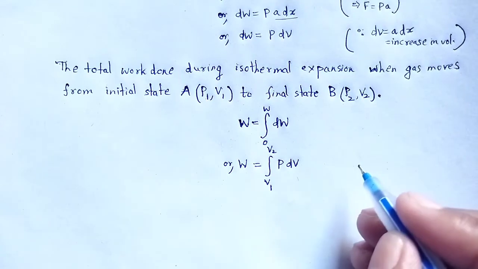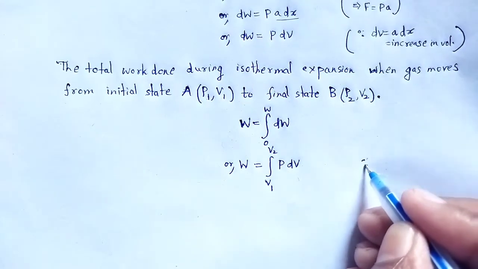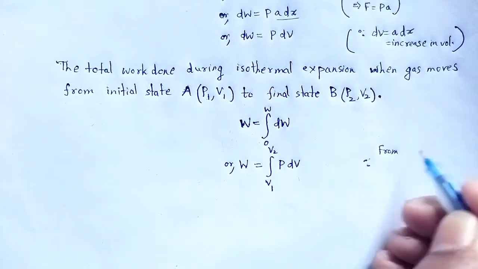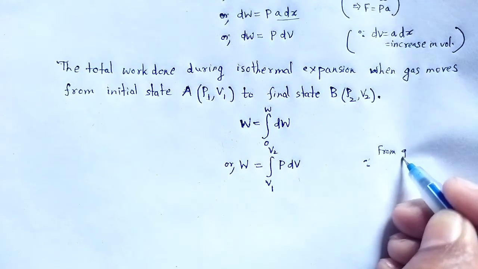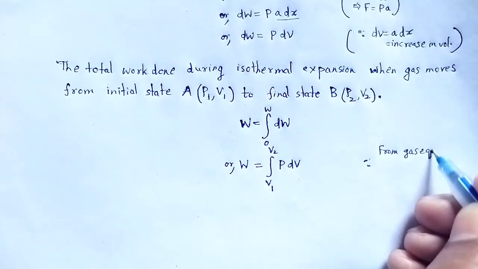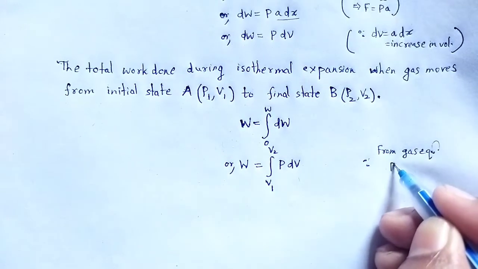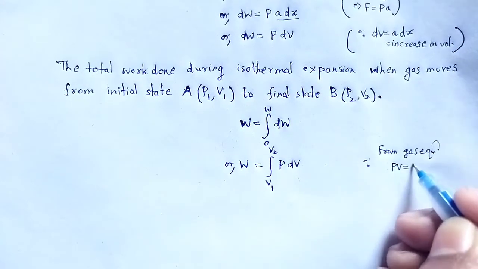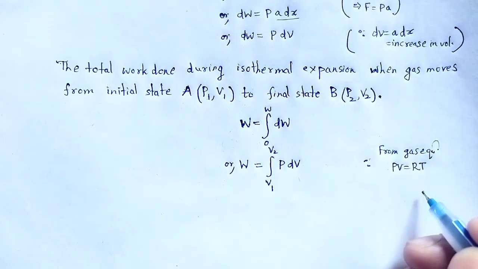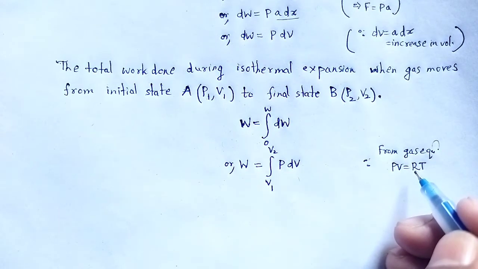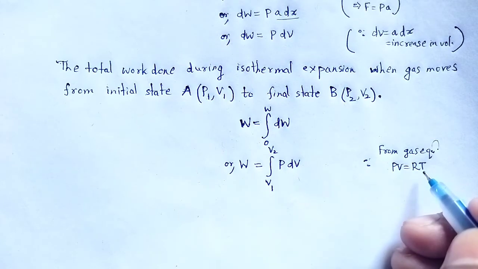Now, I can use the gas equation, PV is equal to nRT. Here n will be 1 since we consider 1 mole of gas. So in place of n I substitute 1, PV is equal to RT.